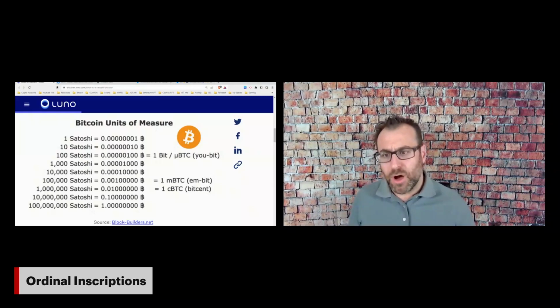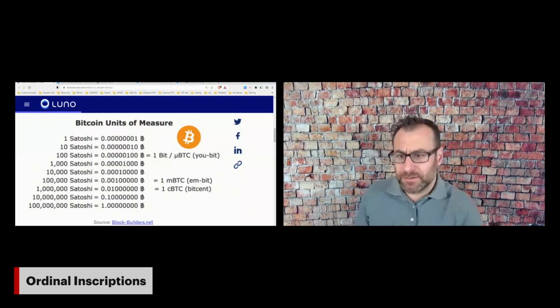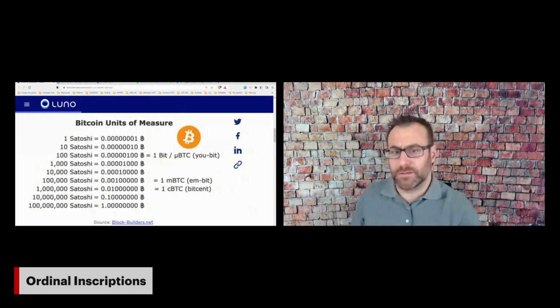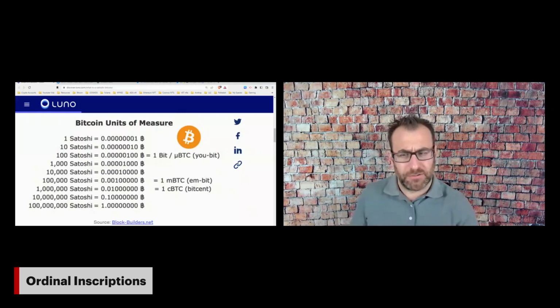You could see one Satoshi equals 0.00000001 Bitcoin, and you can send one Satoshi from wallet to wallet. What the Ordinal protocol actually does is allow for some data, 4 MB of data, to be sent along with this one Satoshi. Interesting, right?